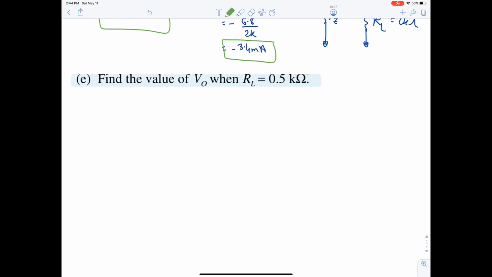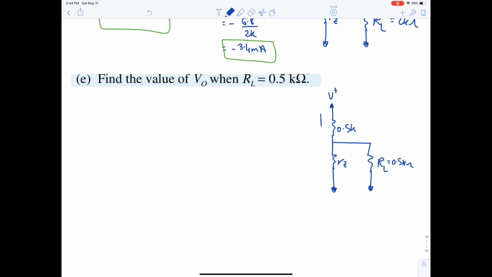Let's redraw the circuit. V plus, here we have 0.5K, RZ, and this is RL. RL is 0.5 kilo ohm.